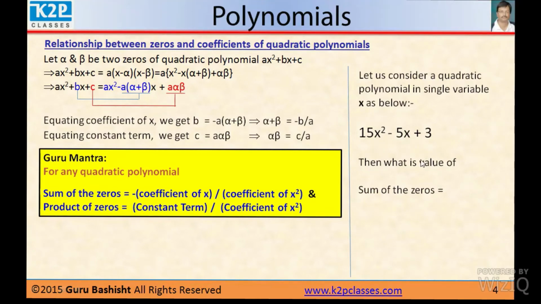So it will be minus of minus 5 by 15. 5 by 15, that is 1 by 3. Product of zeros, that is c by a. What is c? c is the constant term, and what is a? a is the coefficient of x square. So product of zeros equal to 3 by 15, that is 1 by 5.